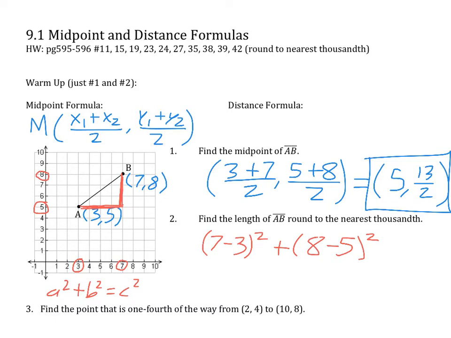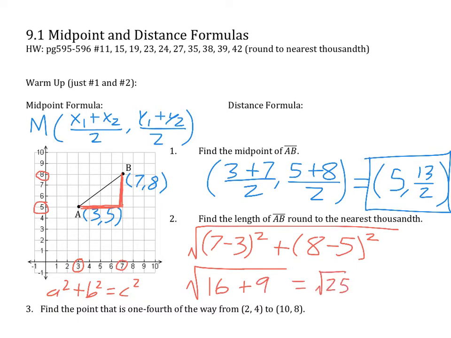Right now, what we have is the hypotenuse squared, so we're going to square root the whole thing. Okay, so we have 7 minus 3 is 4. Square that, you get 16. 8 minus 5 is 3. Square that, you get 9. So the square root of 25 is 5.